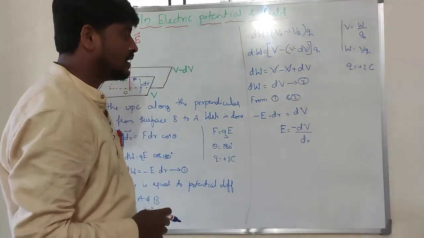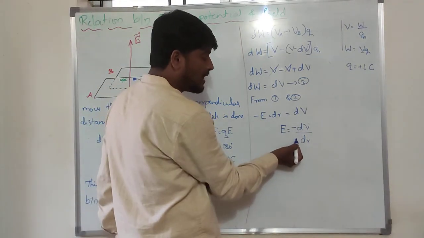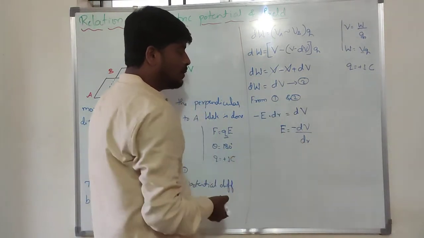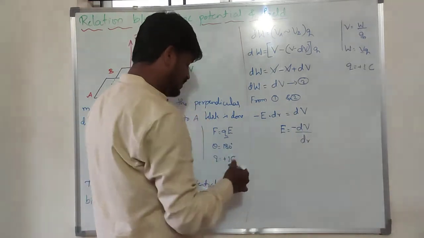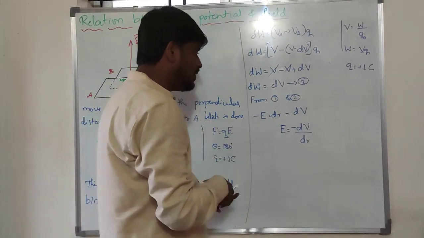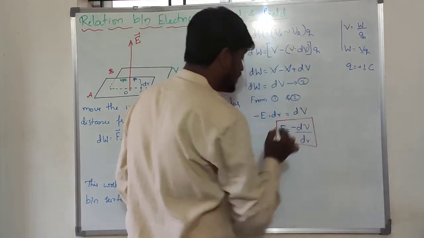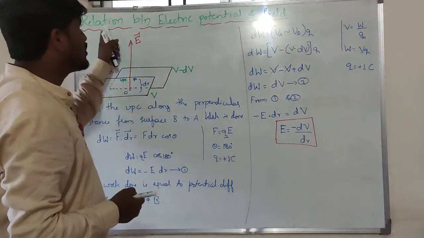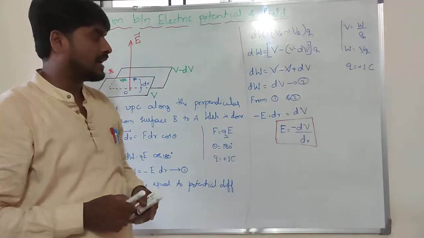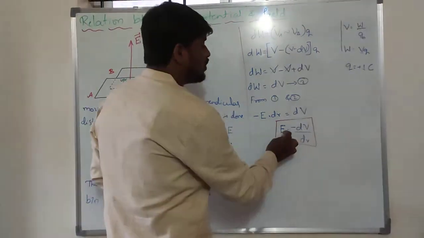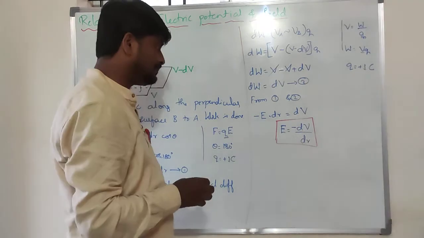So hence anyway minus shouldn't be written in the denominator, so I must write it in the numerator. So it becomes E equal to minus dV by dr. A very important relation for 3 marks in this chapter. Deduce the relation between electric potential and electric field. E is equal to minus dV by dr.